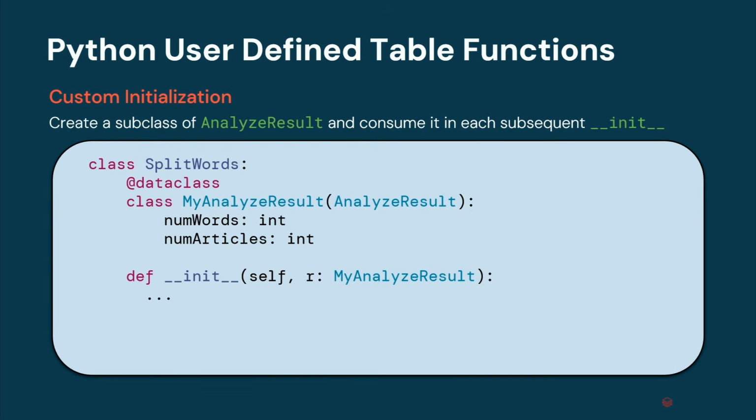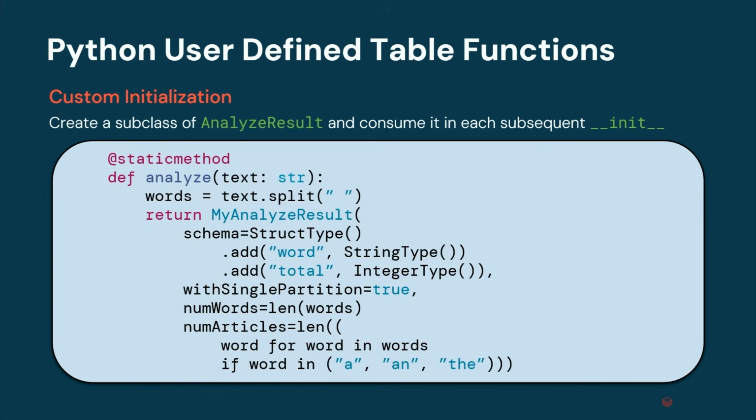You can subclass this thing, and in this expensive initialization that you do, opening a file or connecting to some API, making REST API calls somewhere, doing whatever you need to do, you can put all that state into a subclass of this AnalyzeResult, and that'll get passed around to all of your eval methods, or your instantiations of the Python class. So you don't have to do that again. You can just save the work. If you want to do expensive stuff once, you can do it then and pass the results.